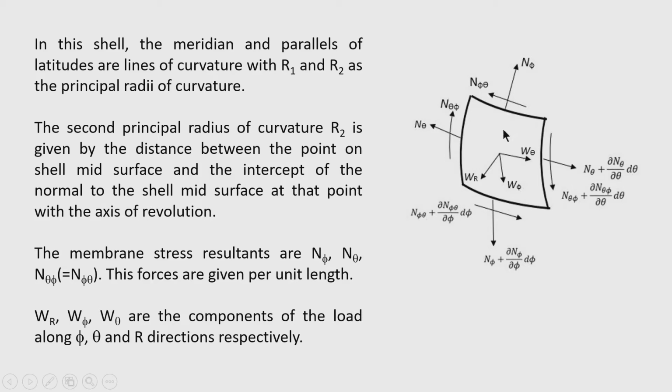Similarly, the increment of n phi on the opposite edges will be n phi plus del n phi divided by del phi into d phi, and the increment of n phi theta will be n phi theta plus del n phi theta by del phi into d phi.